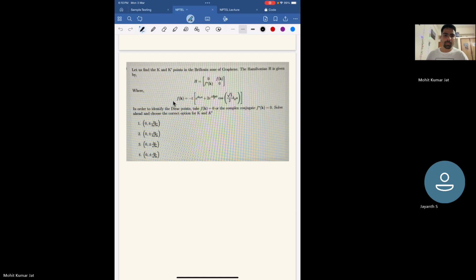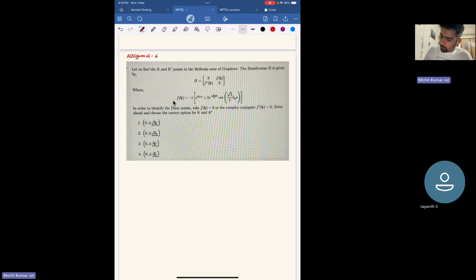Yeah. So getting started with the very first question of assignment number 6. The question says, let us find the K and K prime points in the Brillouin zone of the graphene.